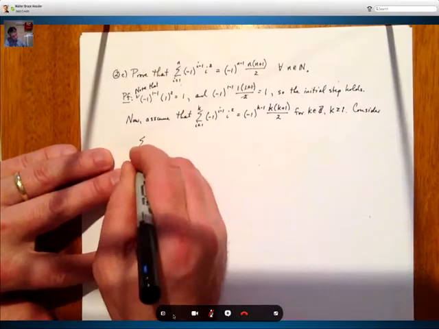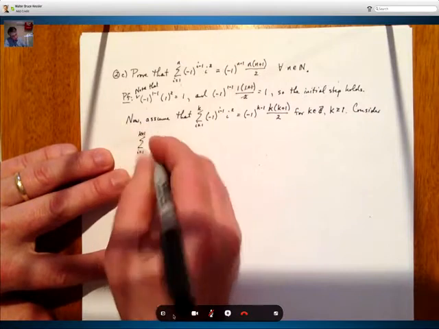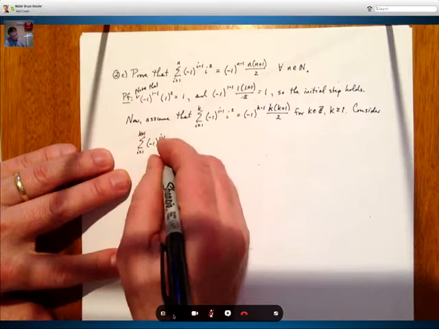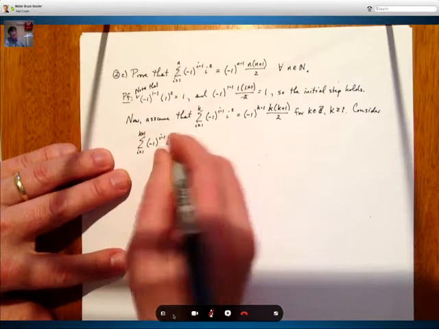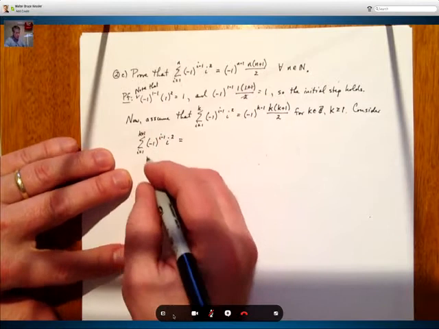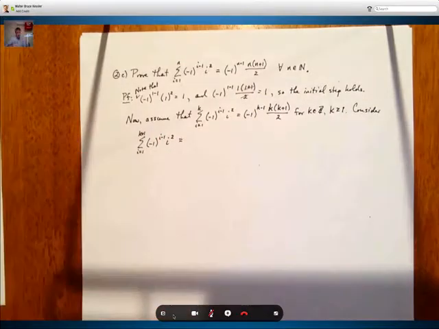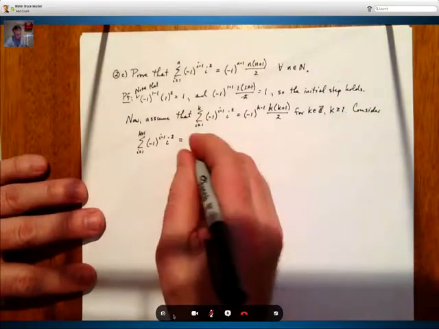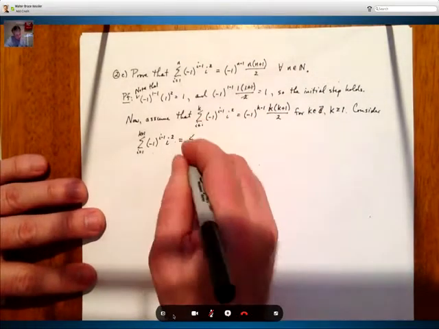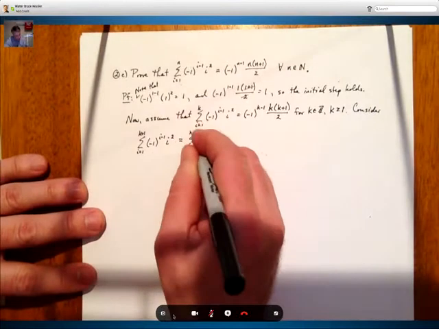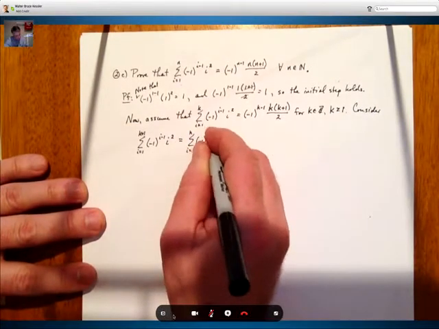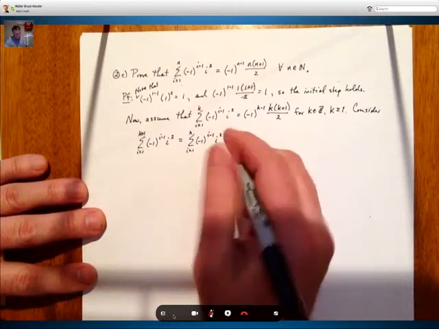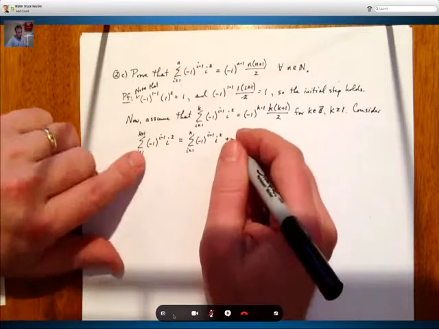So let's consider the sum now from 1 to k plus 1, negative 1 to the i minus 1, i squared. Okay, so again, what we do is we write this out. We don't write it out, but we say, okay, take the sum up to the kth term. And that's what we've made the assumption on.